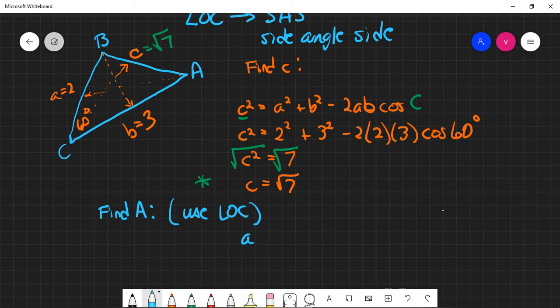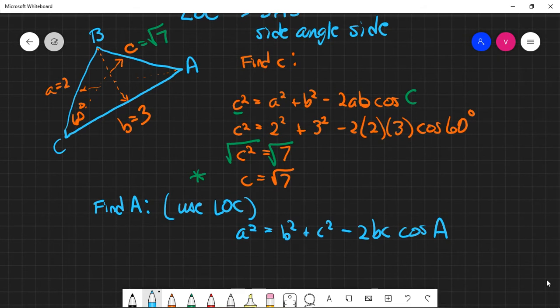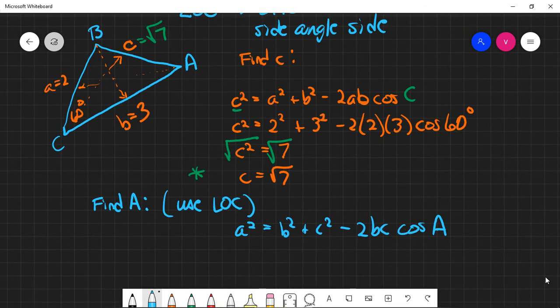In that case, it's going to be this one: A squared equals B squared plus C squared minus 2BC cosine of angle A. So if we're using the law of cosines and trying to find angle A, we have to use the formula that has angle A in it out of those three that I showed you from before.